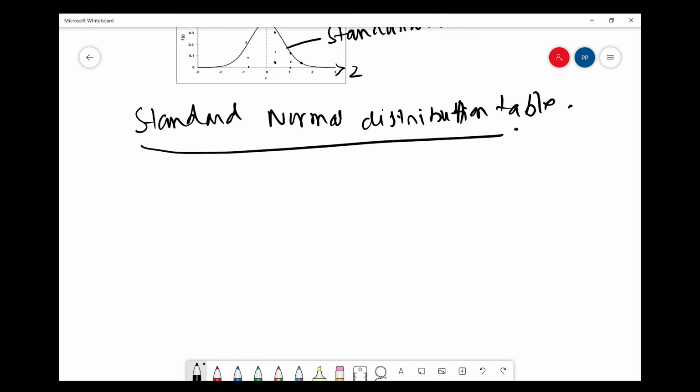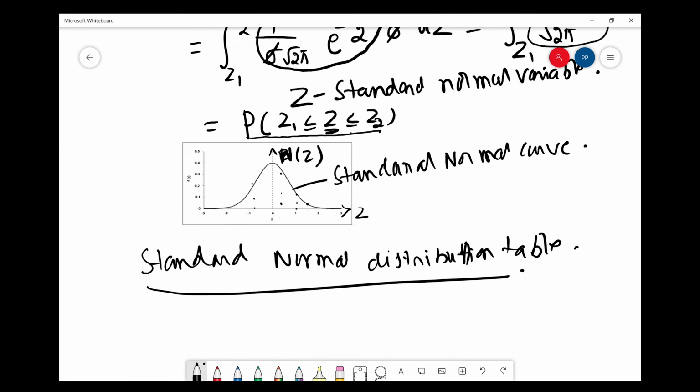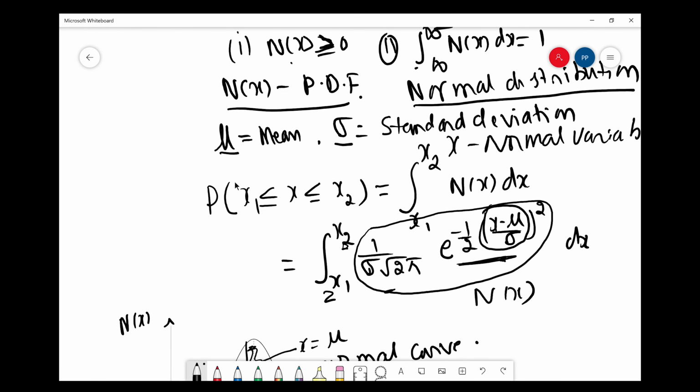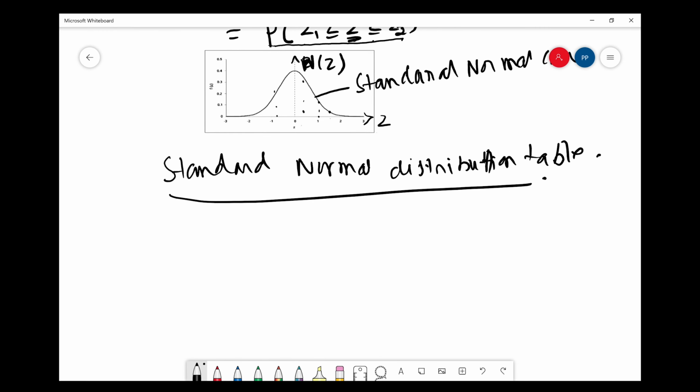Using this we find the probability over the standard normal variable z from z1 to z2, which in turn gives the probability over the interval for the normal variable x from x1 to x2. The standard normal distribution I'll explain in the next video. I'll give you the table and explain how to find that.